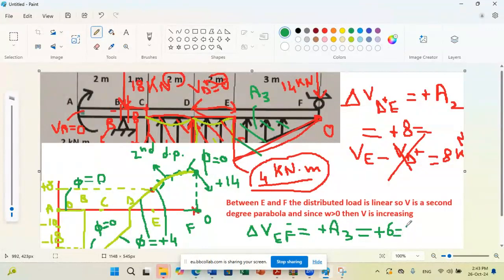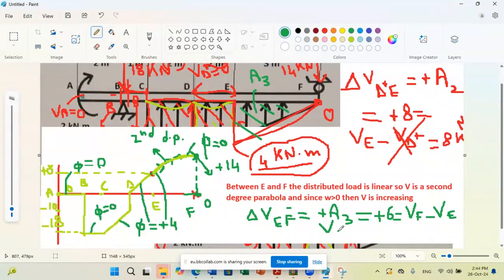And delta V between E and F is V at F minus V at E. So what can I say then? I can say that V at F is equal to 6 plus V at E, and we have calculated V at E to be 8, so 6 plus 8 equals 14 as expected.